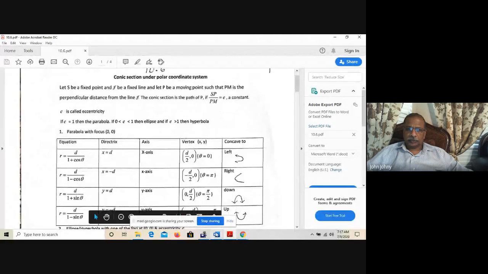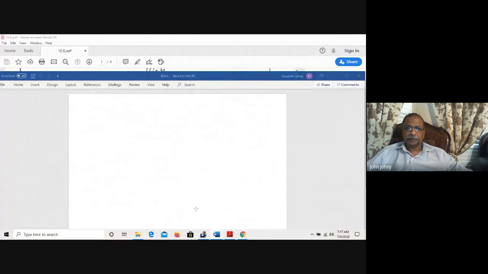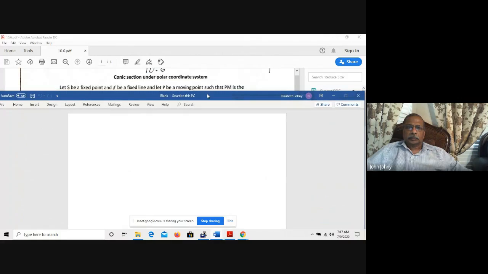Ten point six deals with conic section under polar coordinate system.